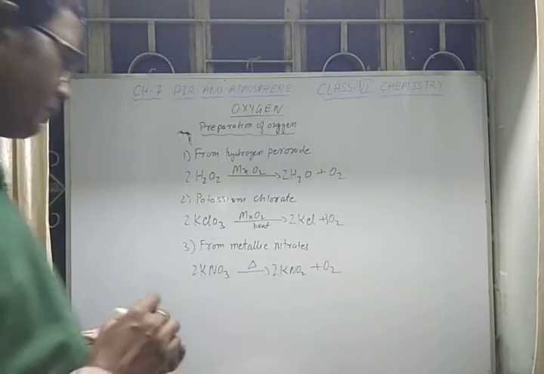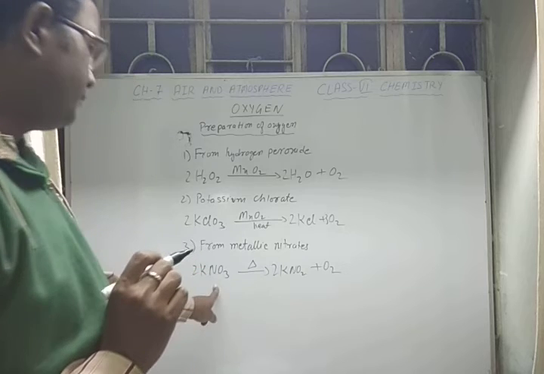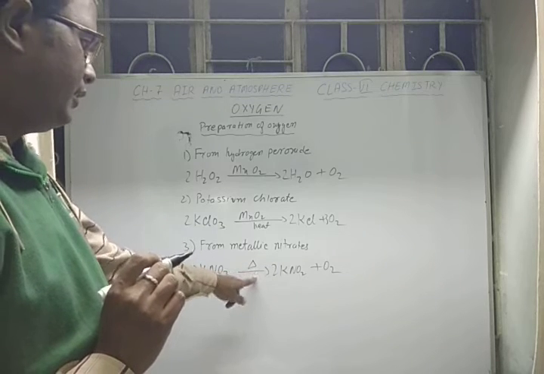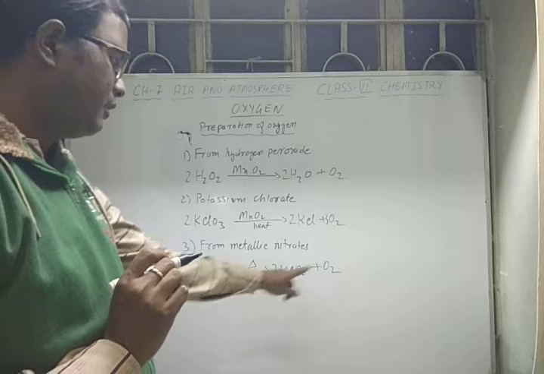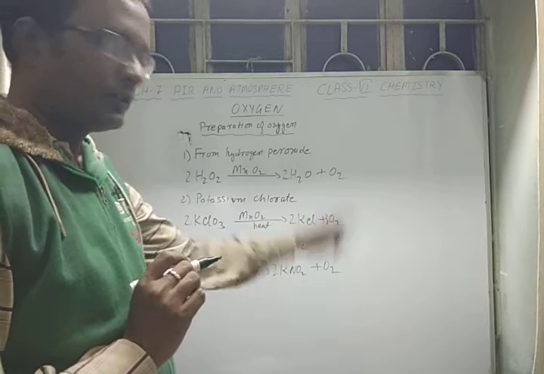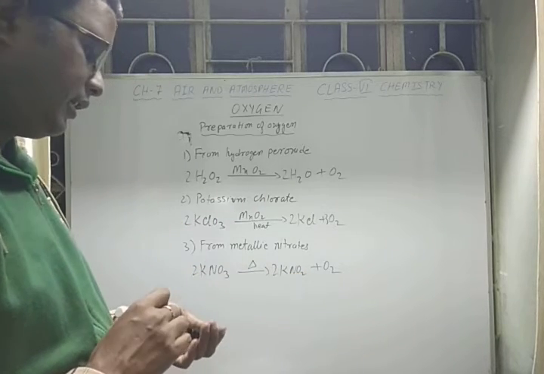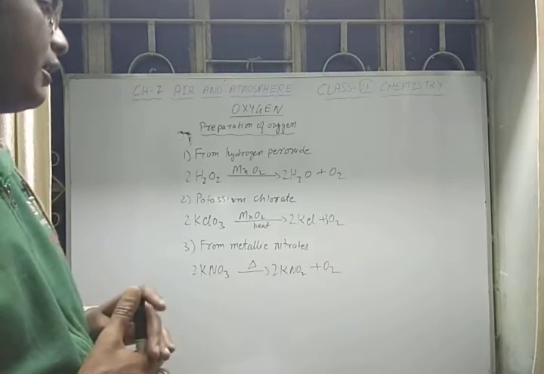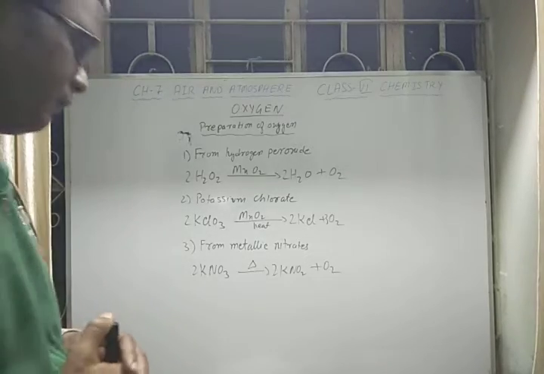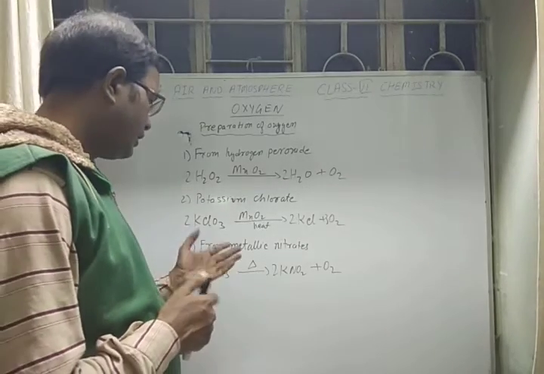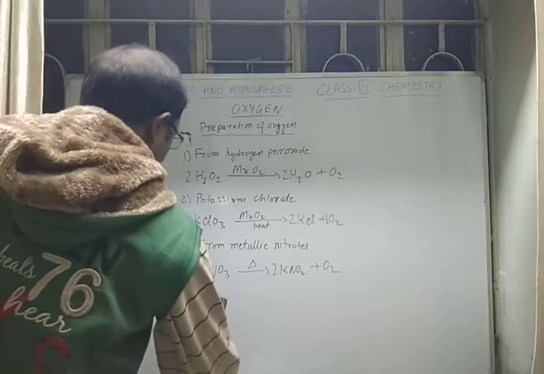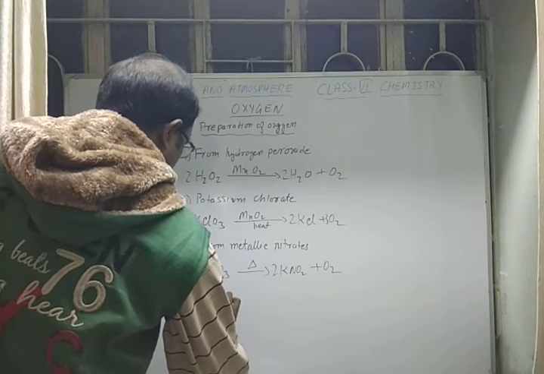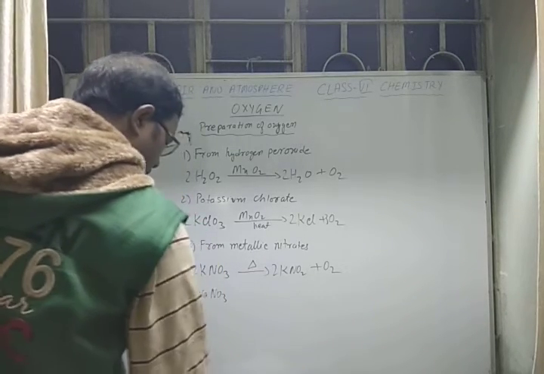Okay, so what we see here, when potassium nitrate is heated, it decomposes to form potassium nitrite with oxygen. This oxygen again is collected in a gas jar by downward displacement of water. Okay, another example that is given in the book is sodium nitrate, NaNO3.